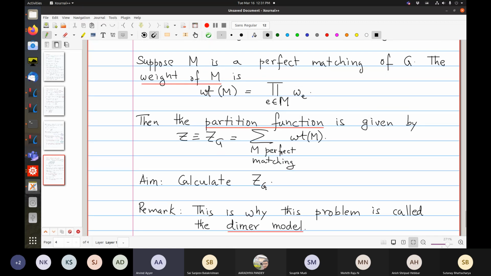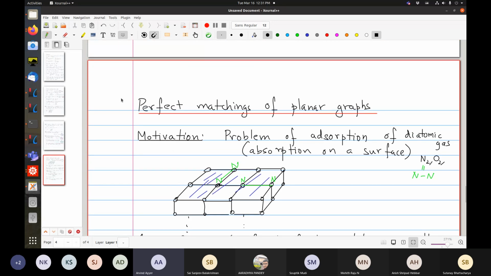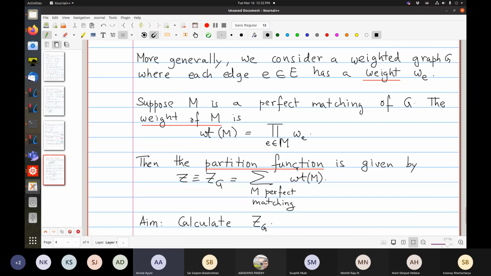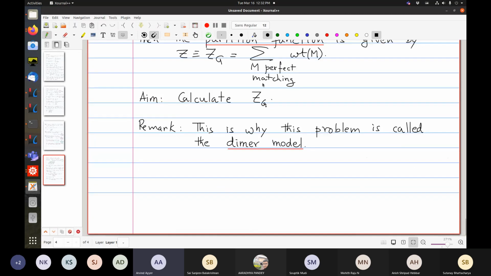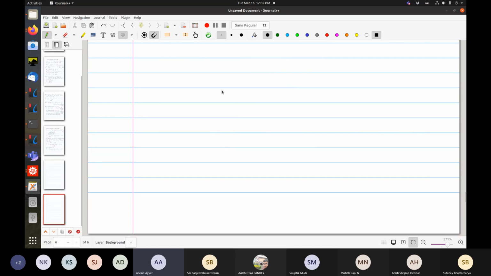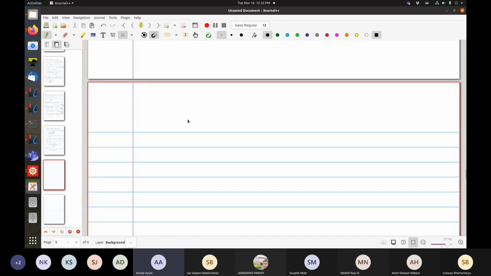To break the suspense at this point, what we will prove is that there is a nice formula for Z_G when the graph is planar, for any planar graph. A nice formula, where nice means something specific, which I'll get to. Okay, so now I'm going to digress.